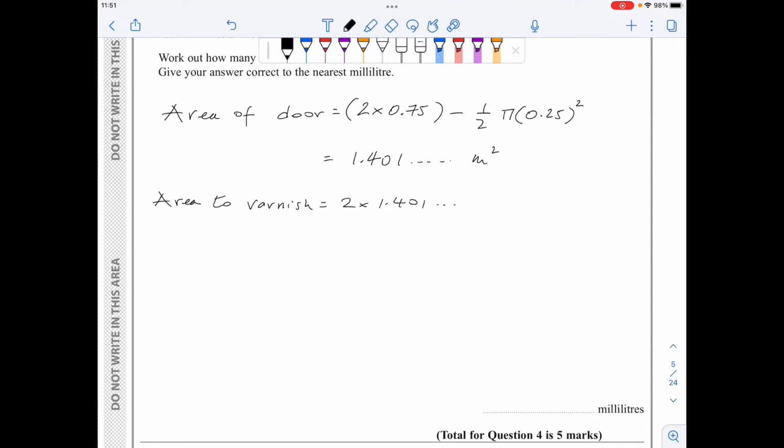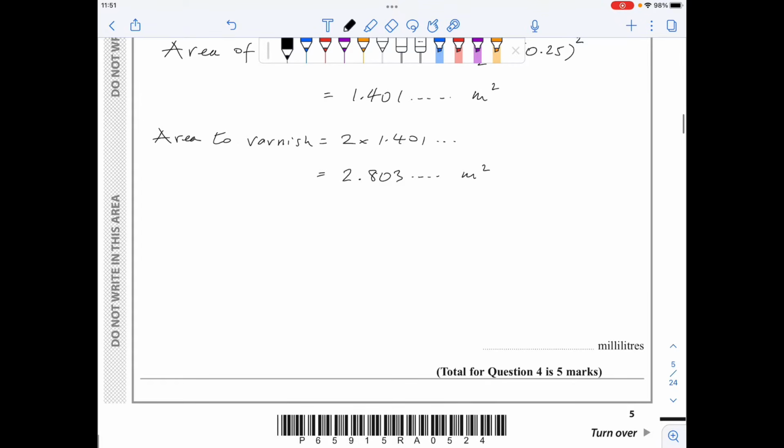So if I do this multiplication, I'm going to get 2.803 and so on meters squared. And I know that to cover 4 meters squared of wood, I need 250 ml of varnish.